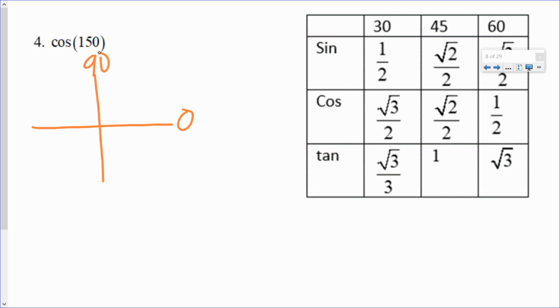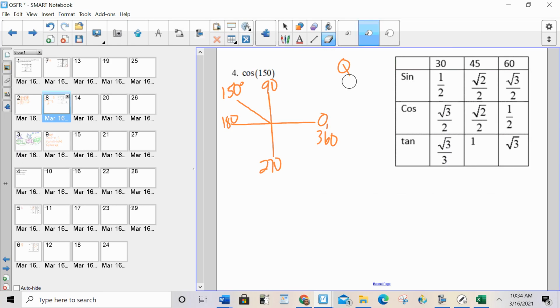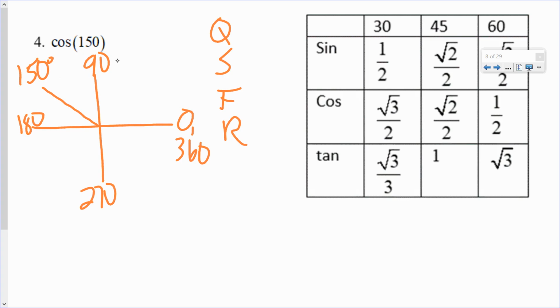0, 90, 180, 270, 360. 150 would be here between 90 and 180. Let's start writing down our QSFR at this point. So we're in quadrant 2.